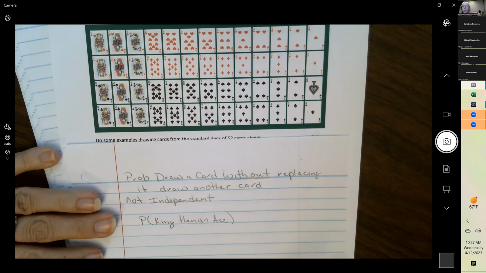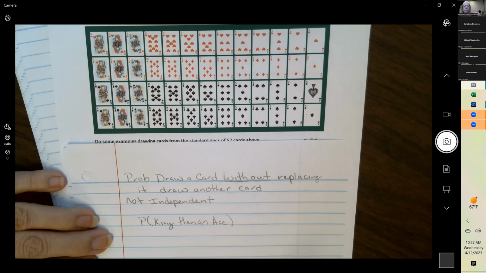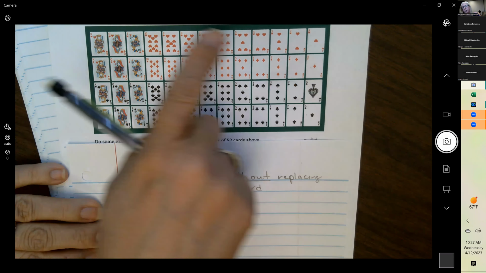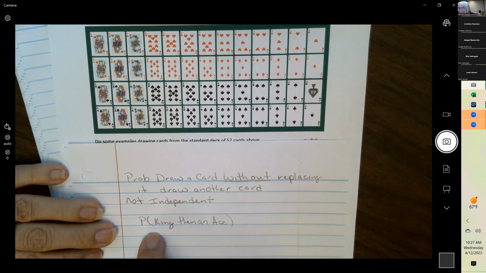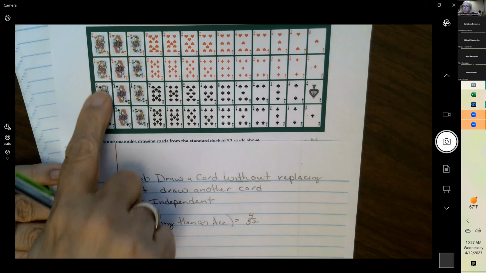So this time we're not replacing it. When we start out, we have all of these cards. The probability of the king, there's 4 out of the 52. 1, 2, 3, 4.